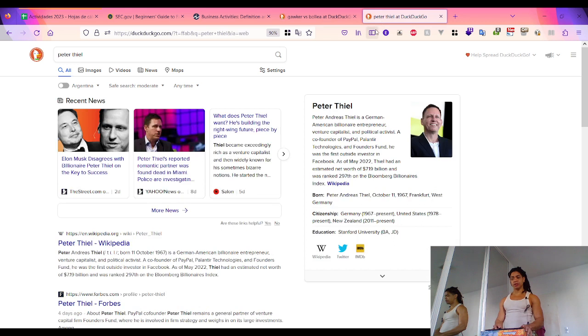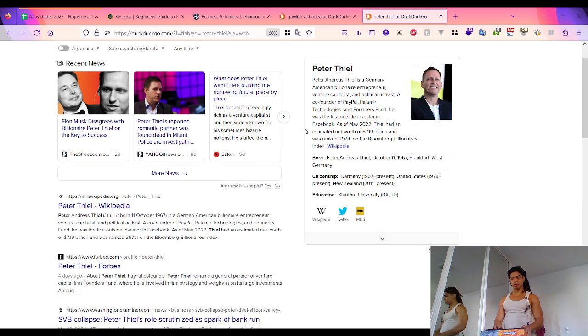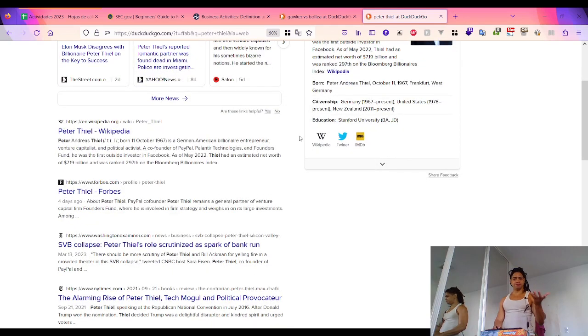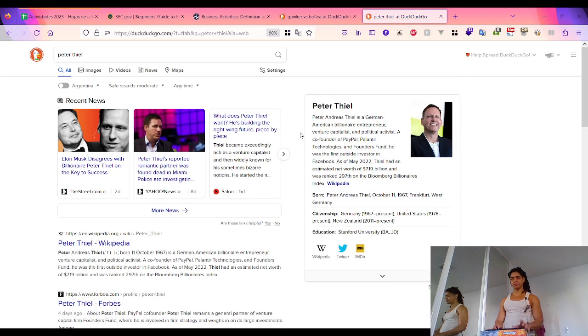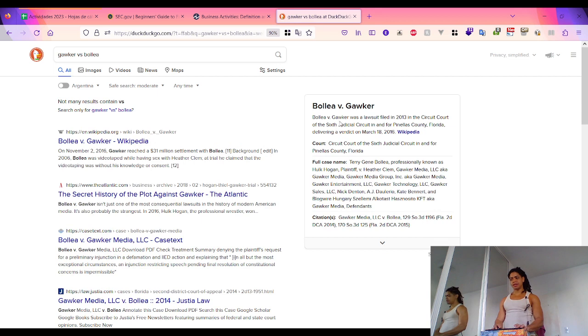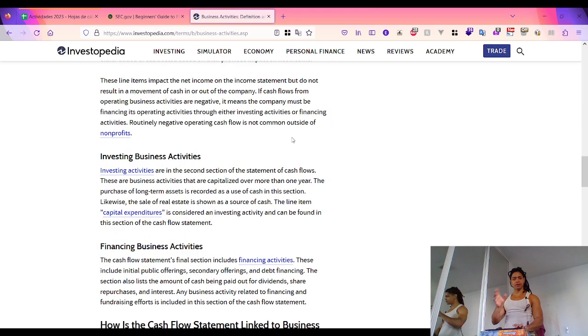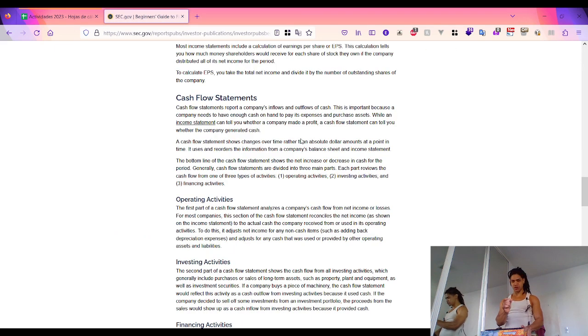For example, Peter Thiel was gay, he lived in the closet, and later on he admitted that. Now he lives happily after that. But in the meantime, he blew up Gawker with his massive influence and resources. But in any case, this is just an example of the equity investment.